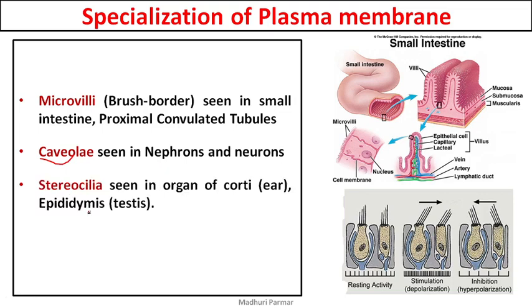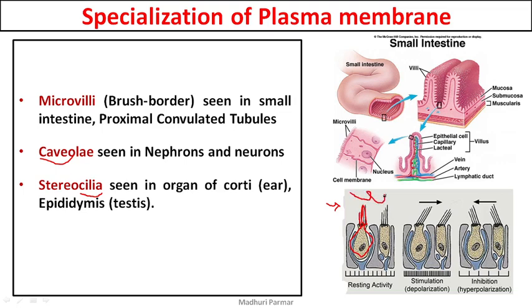Then you have stereocilia. Stereocilia are cilia, but what is special in them? Let us see in this diagram. You have something called the organ of Corti in the ear. In the organ of Corti, there are cells which have these stereocilia.